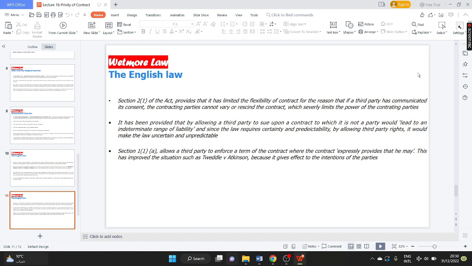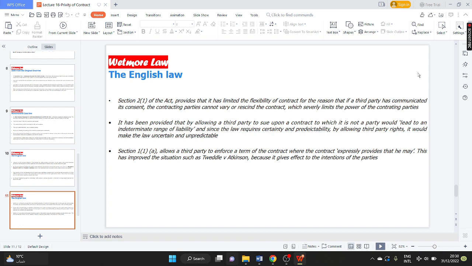Section 2(1) of the Act provides that it has limited the flexibility of contracts, for the reason that if a third party has communicated its consent, the contracting parties cannot vary or rescind the contract, which severely limits the power of the contracting parties. It has been argued that allowing a third party to sue upon a contract to which it is not a party would lead to an indeterminate range of liability.